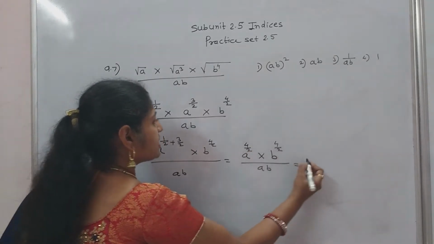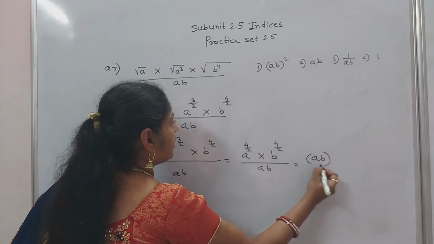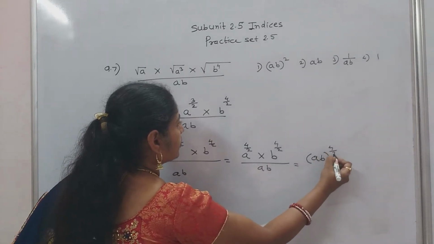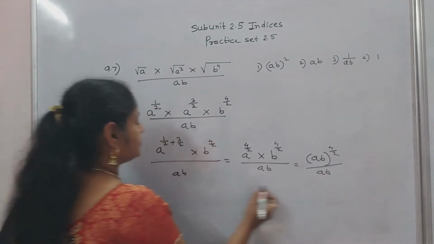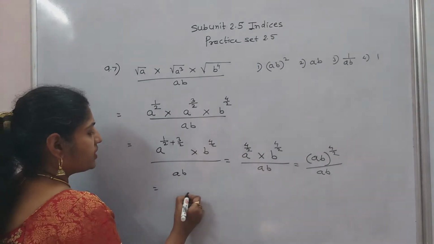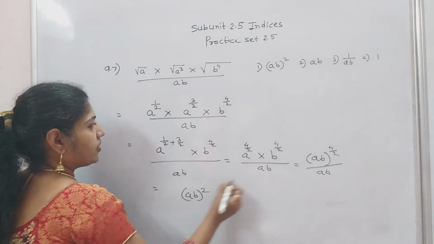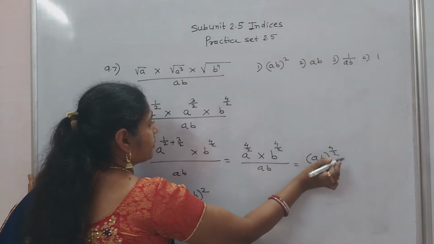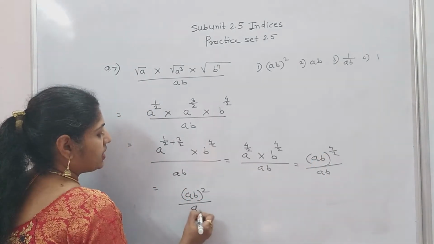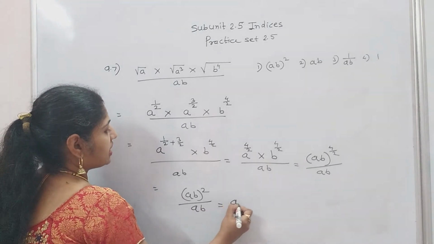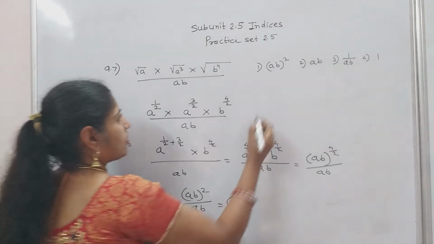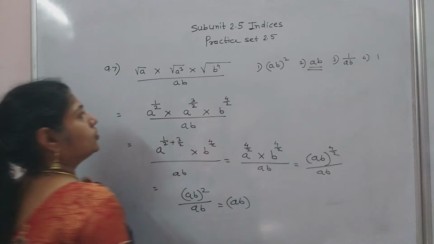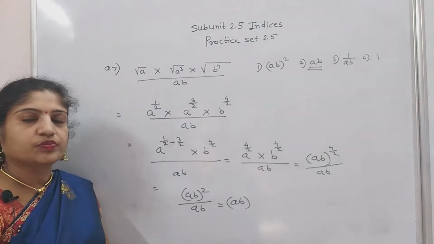Here the index is the same, so we can write (ab) raised to 4 upon 2, upon ab. 4 upon 2 means square, (ab) square, since 2 ones are 2, 2 twos are 4. (ab) square upon ab, so the answer is ab. So our answer is option number 2, ab.